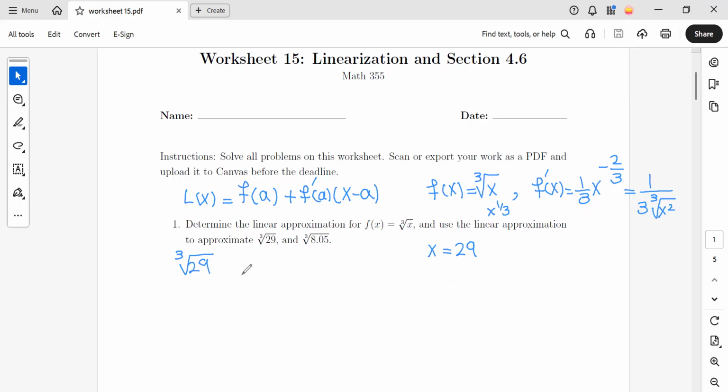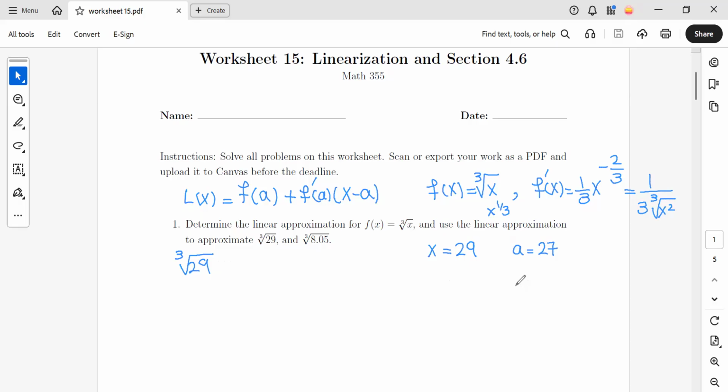And think of a number that is close to 29 and we know the cube root of that. That would be 27, because we know that cube root of 27 is 3. So we would say a is 27 here.